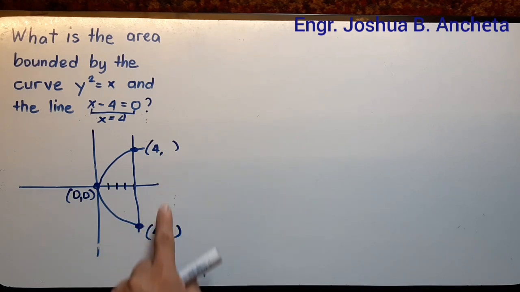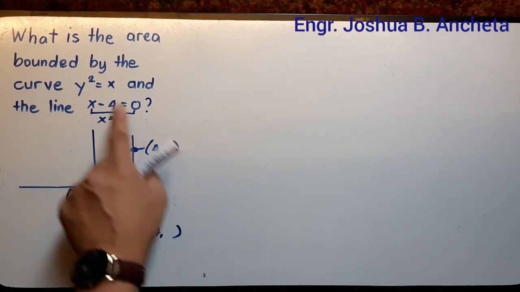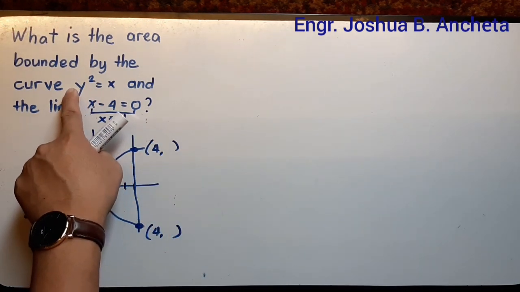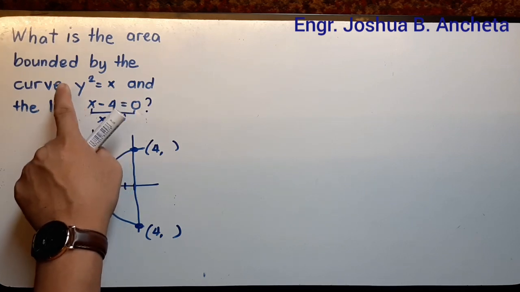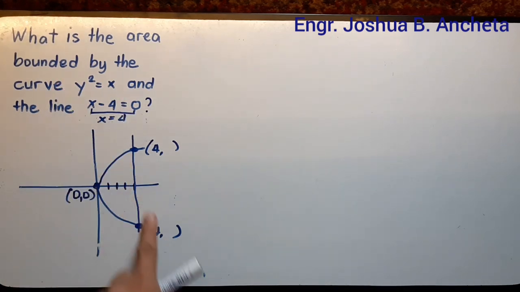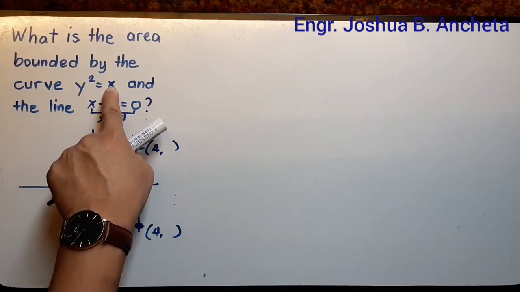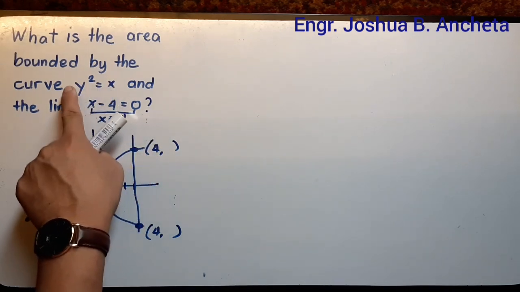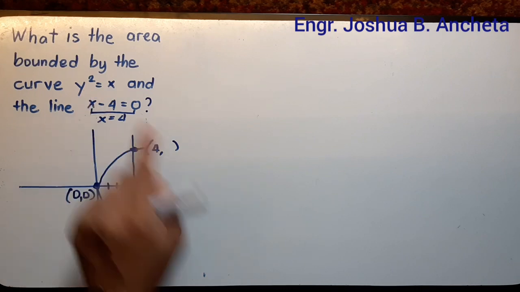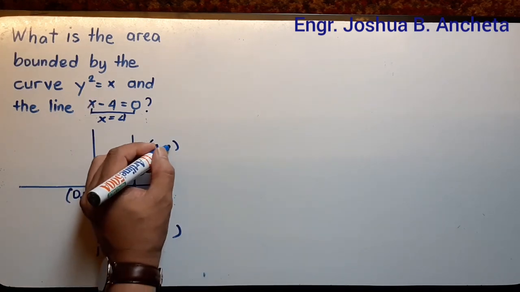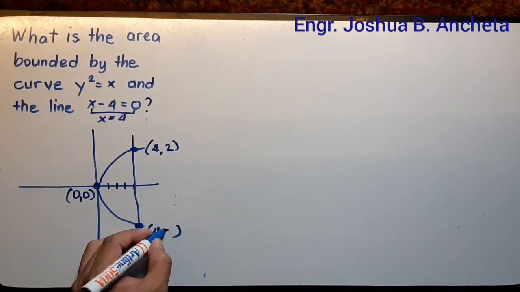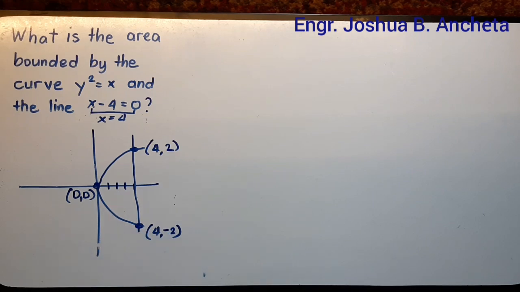To determine the y coordinate, we can use the original or the given equation of the curve. So if this is 4, let us put 4 in this x, then solve for y. Solving for y, it will give positive 2 and negative 2.